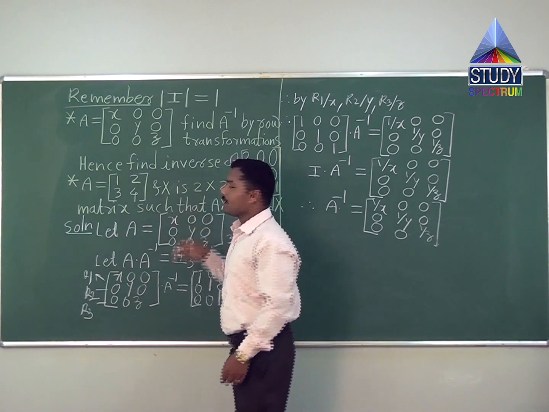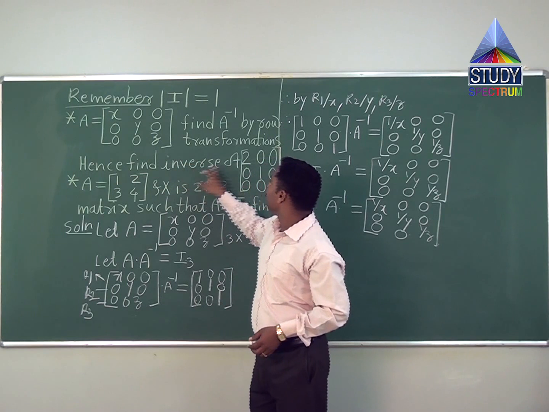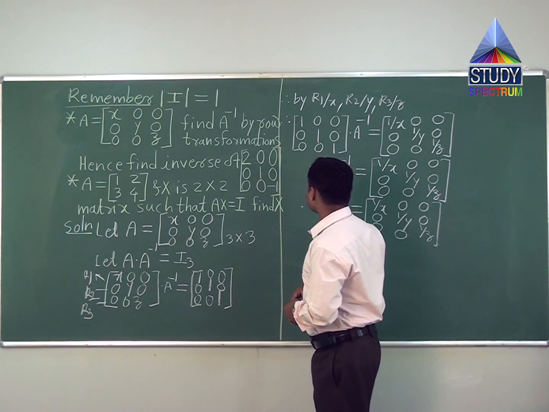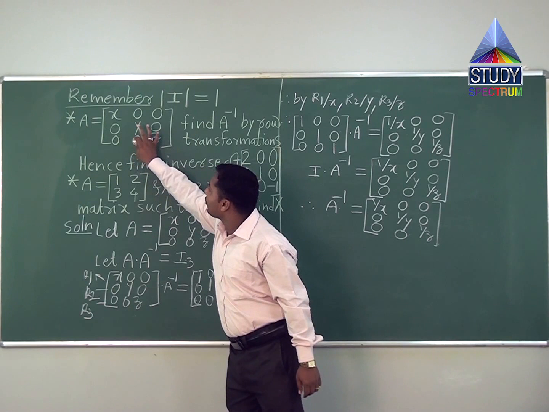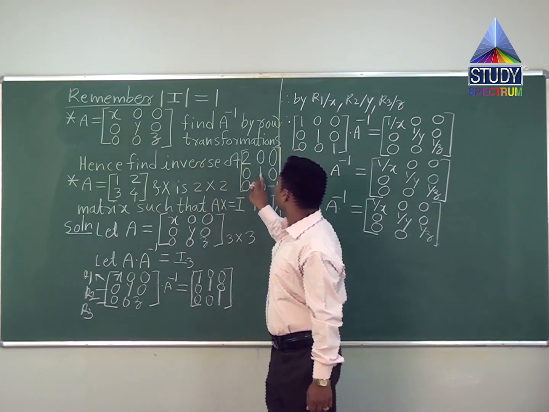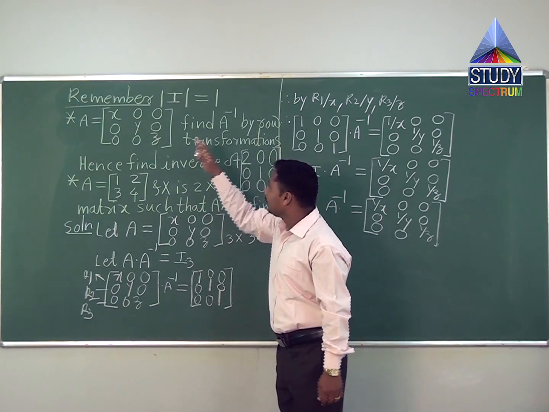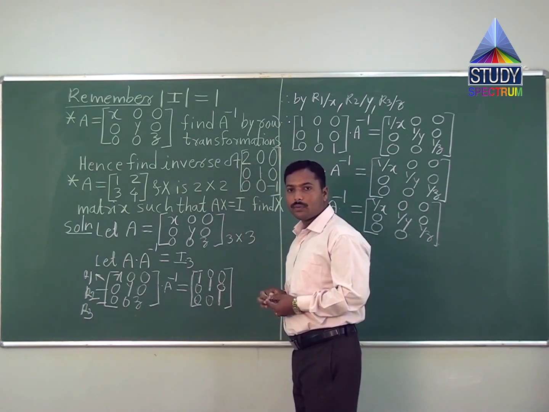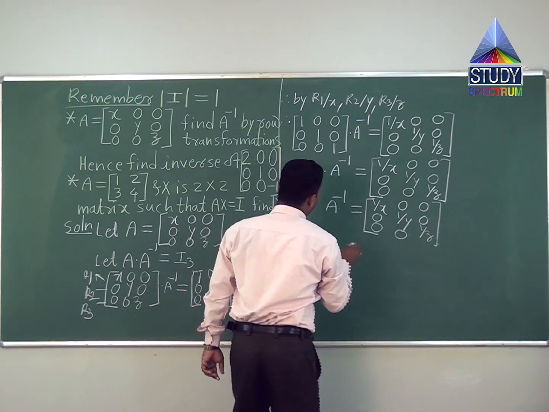But one additional problem in this question is: hence find the inverse of this diagonal matrix. Here we have already found the inverse of the diagonal matrix. Here x equal to 2, y equal to 1, and z equal to -1. So by putting these values in the answer, we get the inverse of this diagonal matrix.